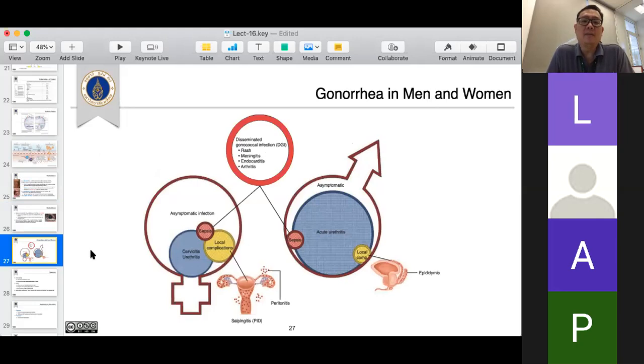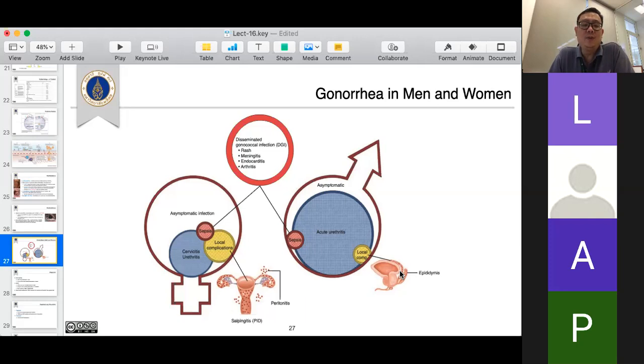The disease in men and women is quite different. In women, it is mostly asymptomatic. In men, it is mostly acute urethritis. So bacteria colonize in the urethral duct.